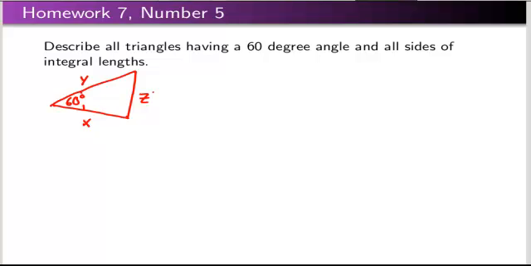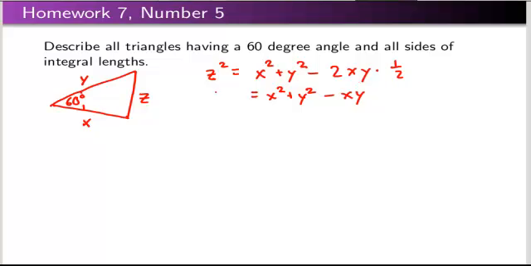We have the law of cosines. So z squared is x squared plus y squared minus 2xy cosine of 60 degrees. Okay, so that's the equation we're looking at. And so proceed like we did in the previous two problems.